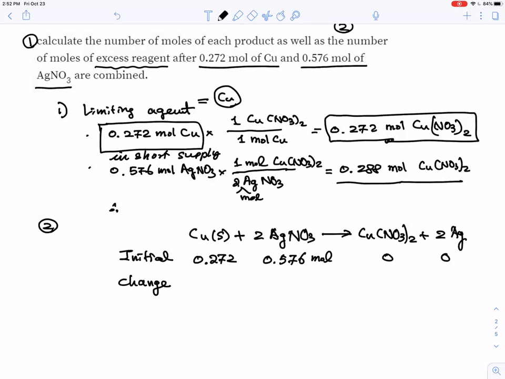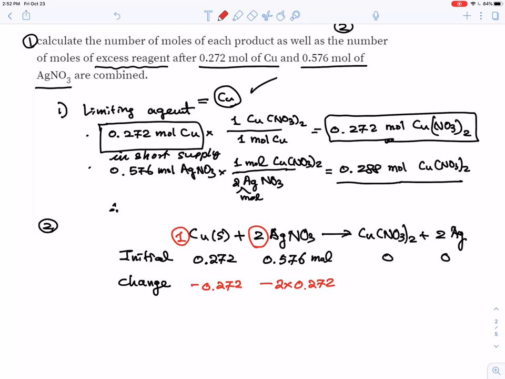As we identified before, the limiting agent is copper, so I'm going to use this one up, 0.272, and then 2 times 0.272 for the silver nitrate, because of the stoichiometry ratio between 1 and 2.